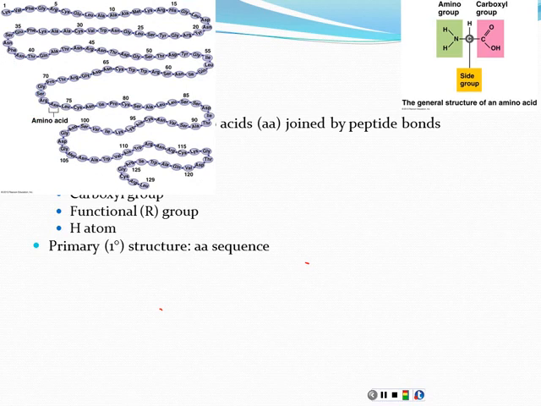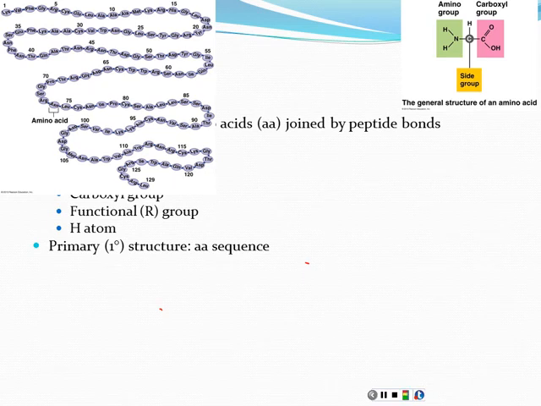When you have an amino acid forming a bond with another amino acid, they form a peptide bond. And it's usually a covalent bond. It's usually covalent bonding with each other. And so arginine and leucine, whatever.